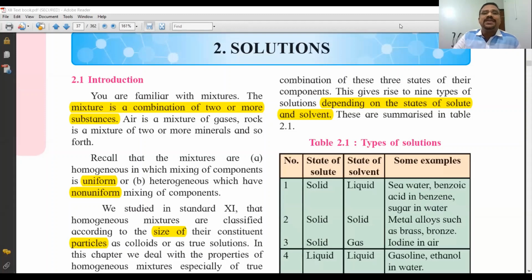Before I begin the chapter, I want to ask one question to you. Which was the first solution formed on the earth? What do you guess? Which one was the first solution that occurred on our planet?